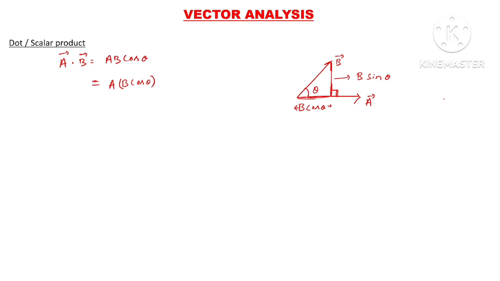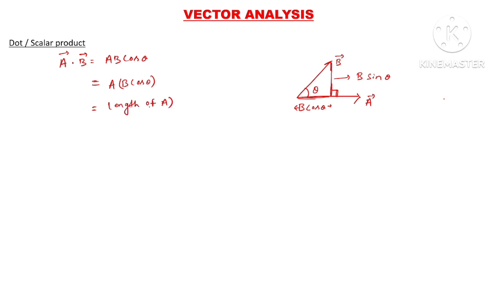So we can write it down as A into B cos theta. It means the magnitude of A, or the length of A, is multiplied with the length of projection of B in direction of A.